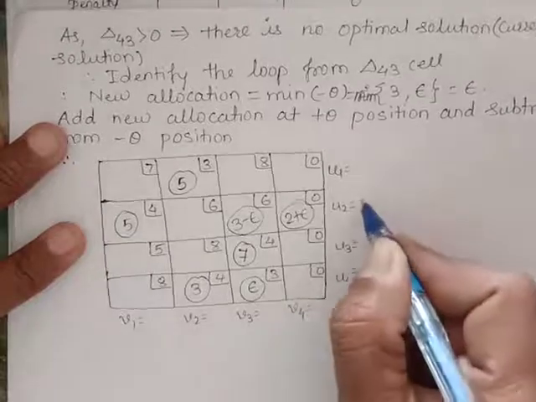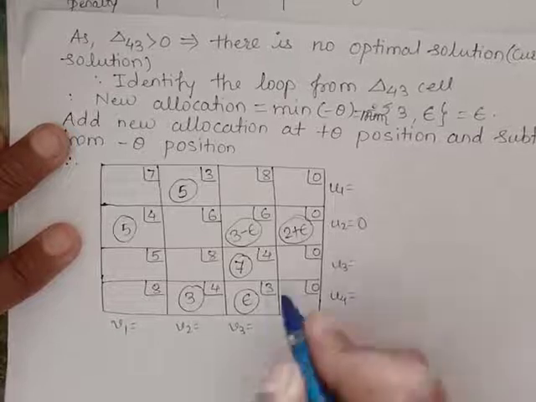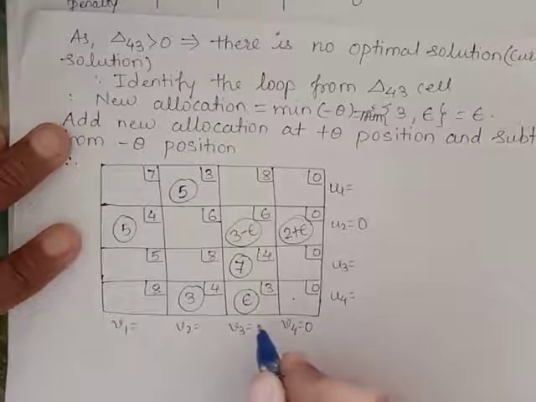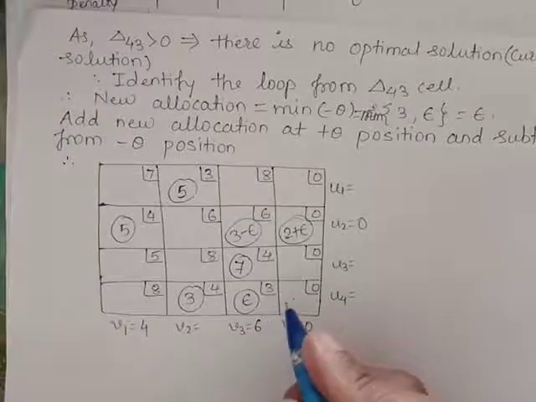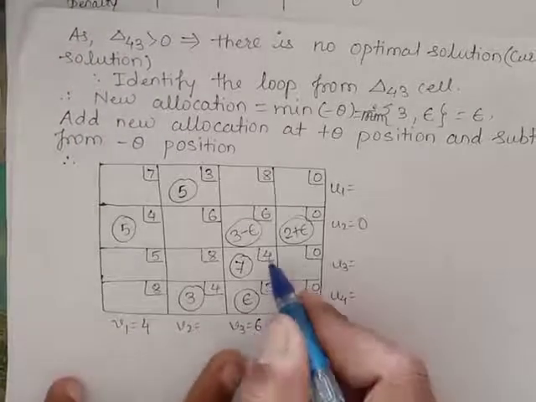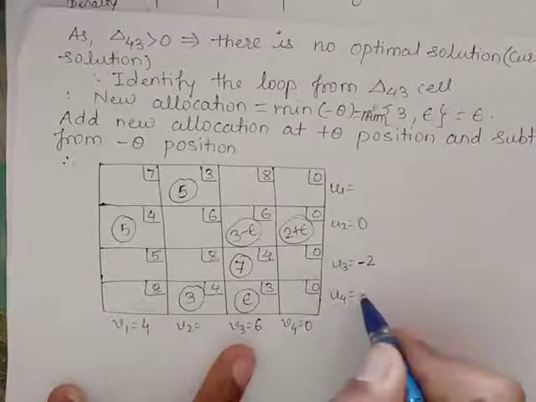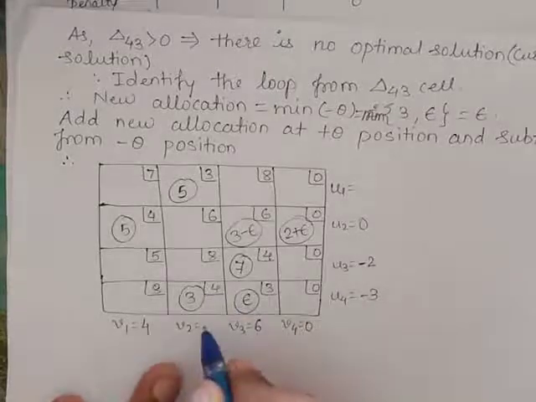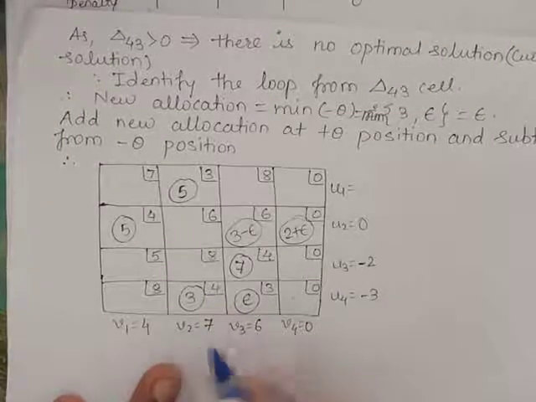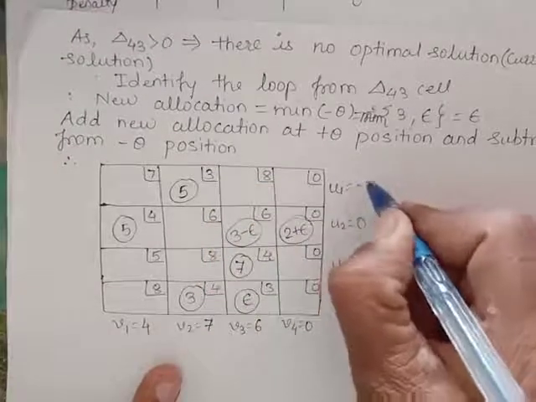Now let me take u2 0 again. u2 0, so v4 0, so it will be 6, it will be 4 as it is now, just like previous one. Now this is 6, here it is 4, so it will be minus 3. This is minus 3, so here it is 7. Fine. And this is 7, so this is what? Minus 4.